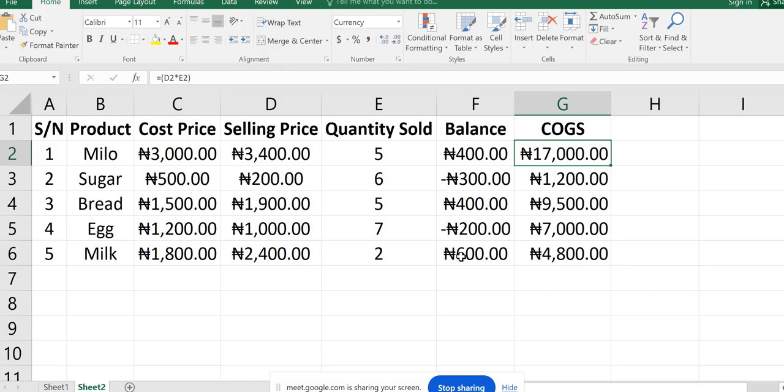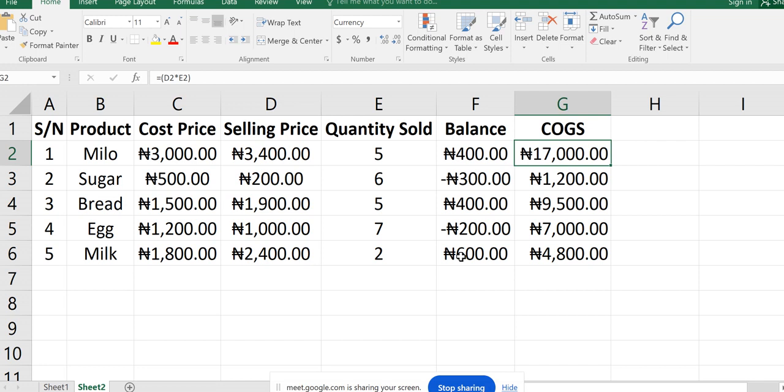We are both discussing here. I didn't get the question. The question is, is cost of goods sold the same thing as selling price? Is it the same thing?